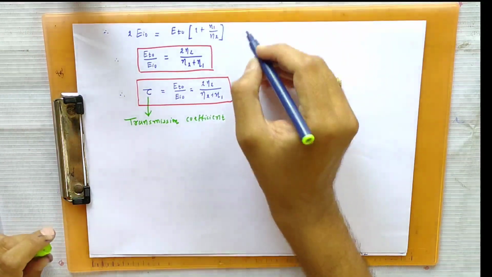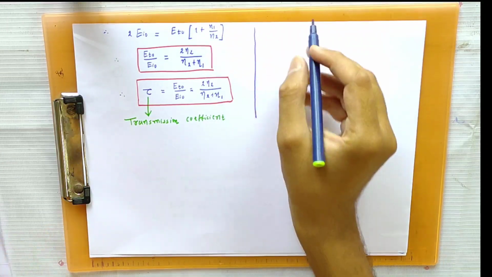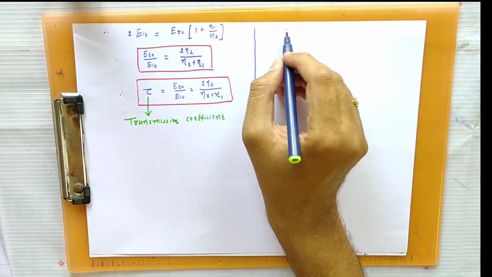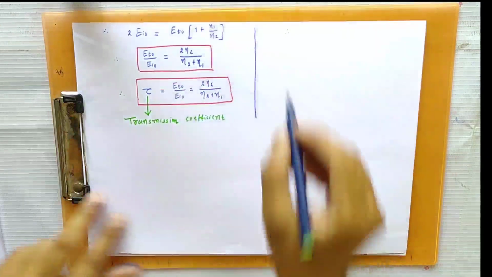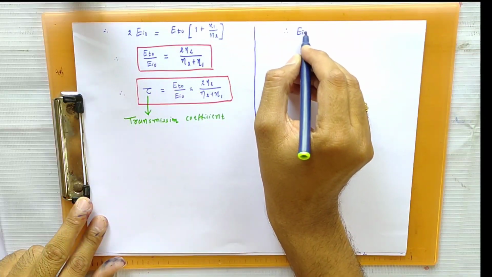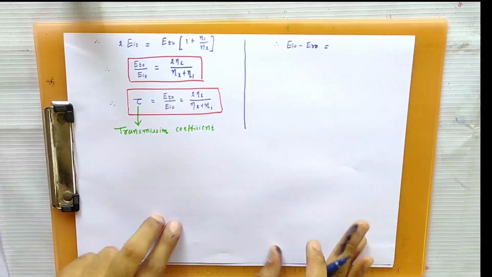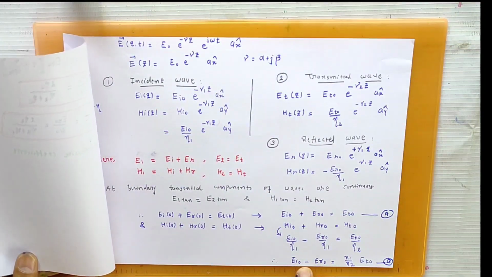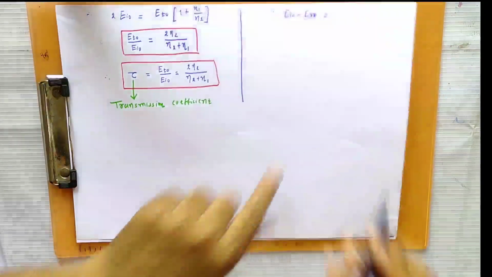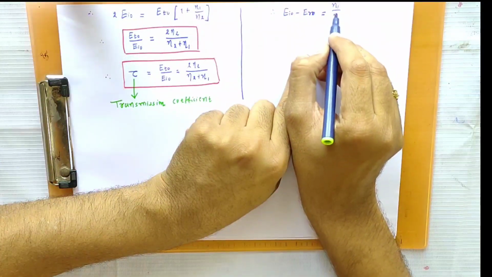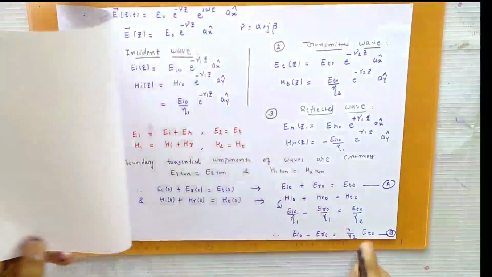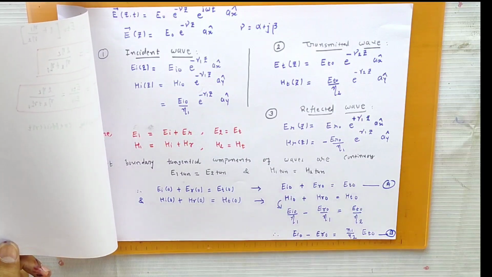Now Eio minus Ero is equal to, from this equation, eta 1 by eta 2 into Eto. Eto means Eio plus Ero.